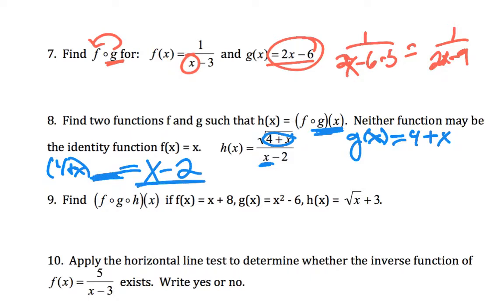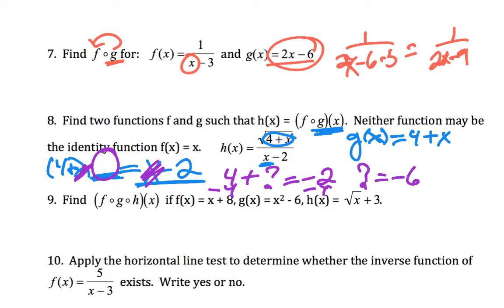So I'm going to go ahead and mark the x's out because there's only one of those on each side. And then I'm trying to find this. So 4 plus what will give me a negative 2? We'll subtract the 4, and what I'm trying to find is a negative 6. So I'm going to test this and see.